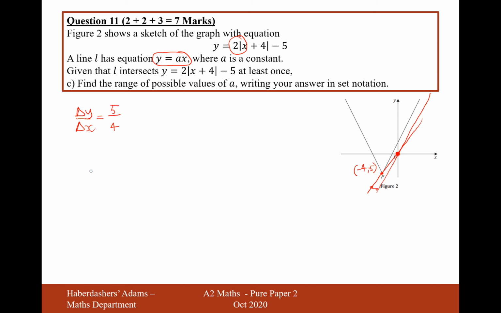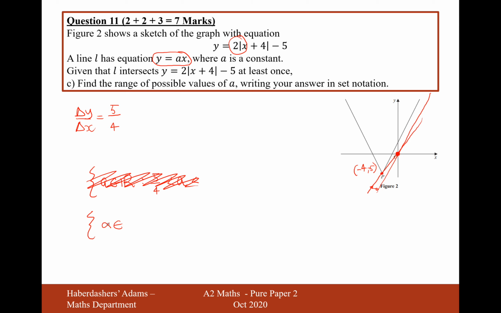So I would say, going straight to my answer here, a exists in the real set of numbers such that the gradient is going to be in between 5/4 and 2. So this is the not expression I'm writing there.